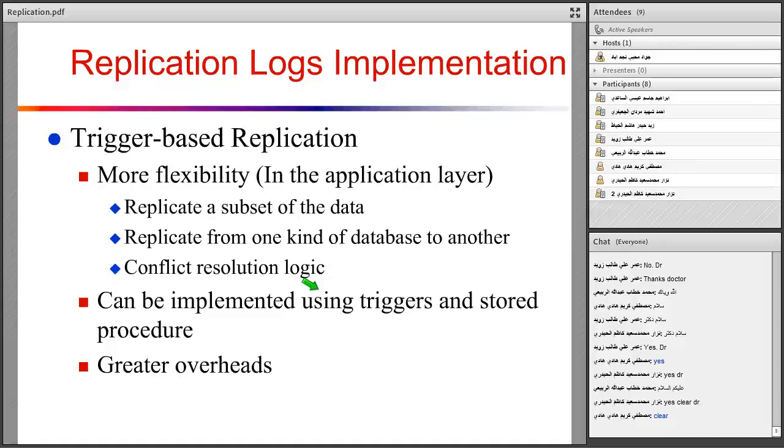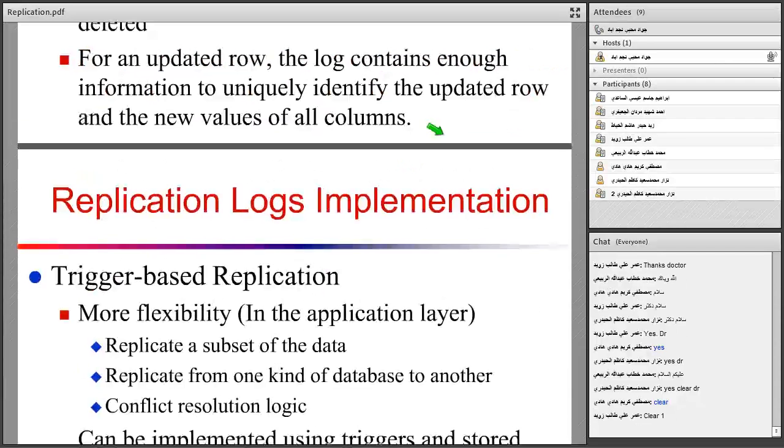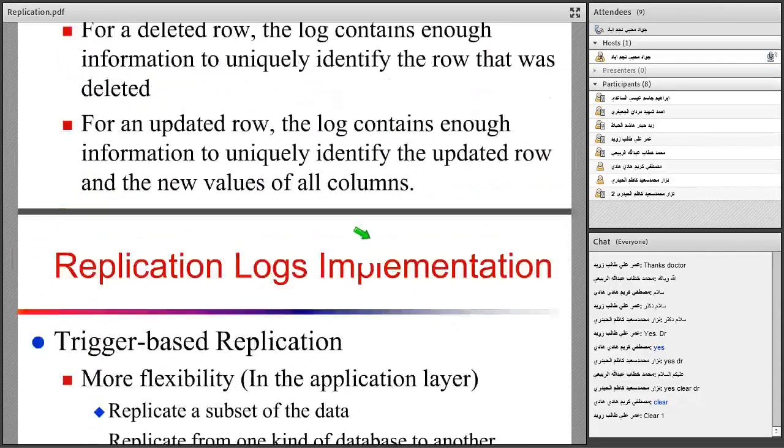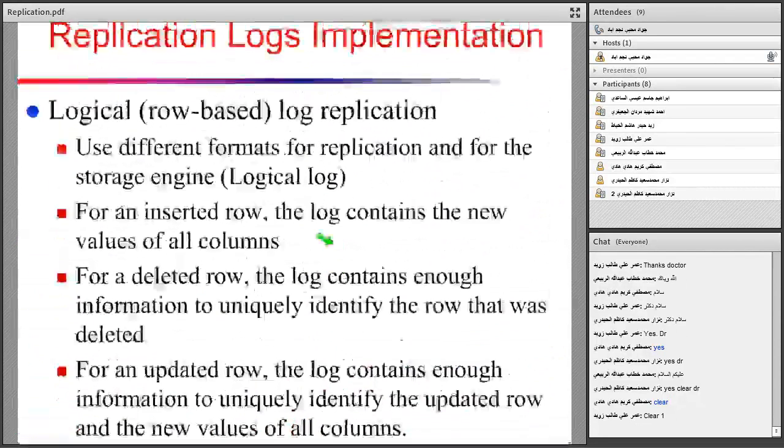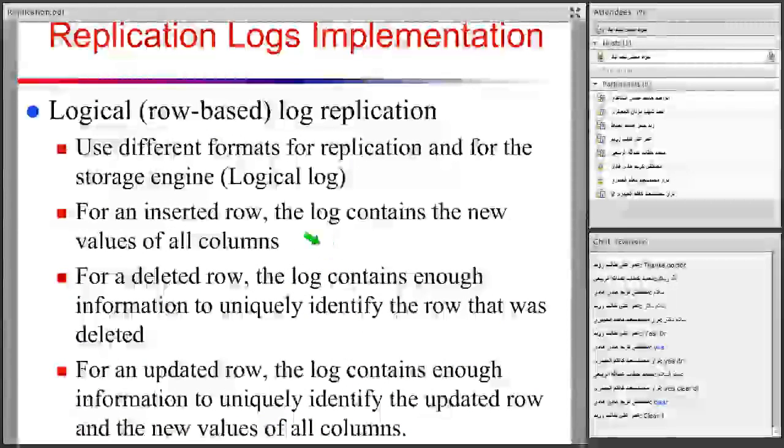Today firstly I'm going to talk about the replication logs implementation. I think this is the final topic that I talked about in the previous session. There are some methods to implement replication logs.